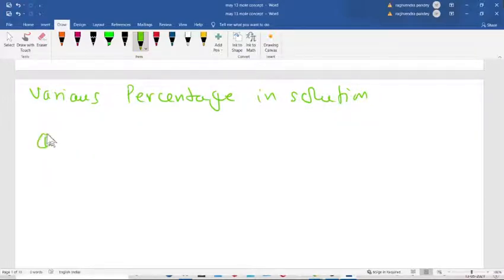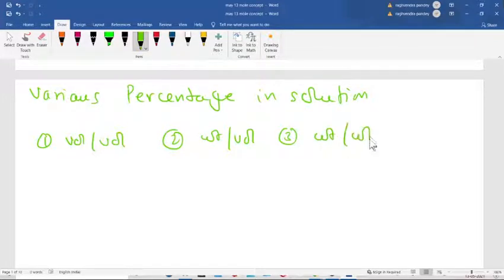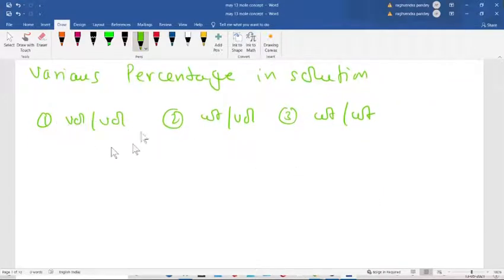One is volume by volume. Another is weight by volume. Then there is weight by weight. And there are a whole lot of subcategories of all this.